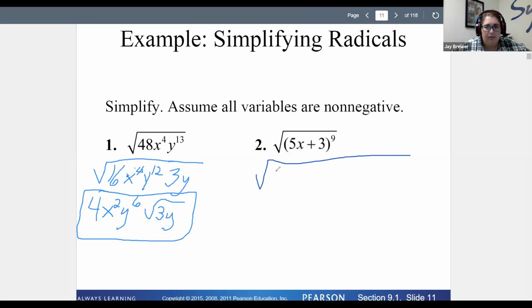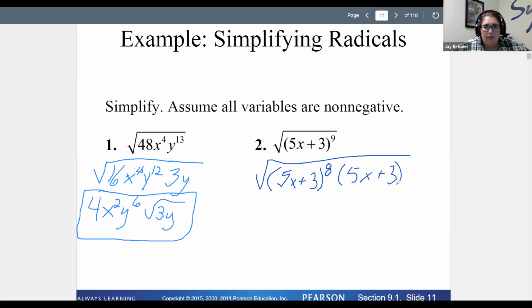Even. Okay, so we're going to split this up into 5x plus 3 to the 8th power, and then just 5x plus 3.